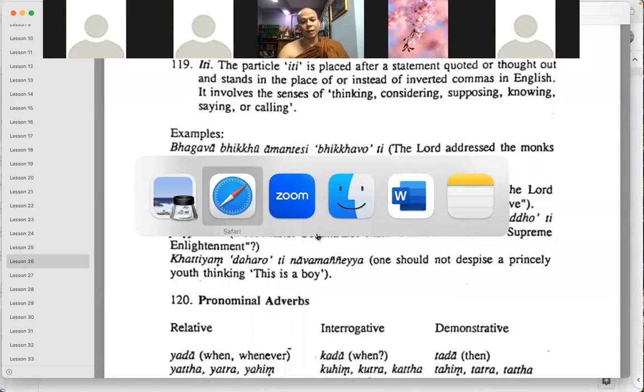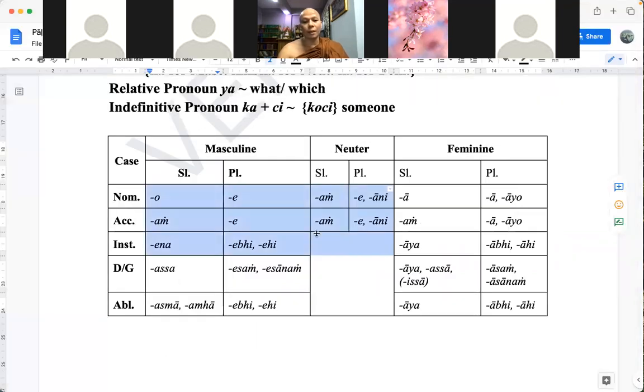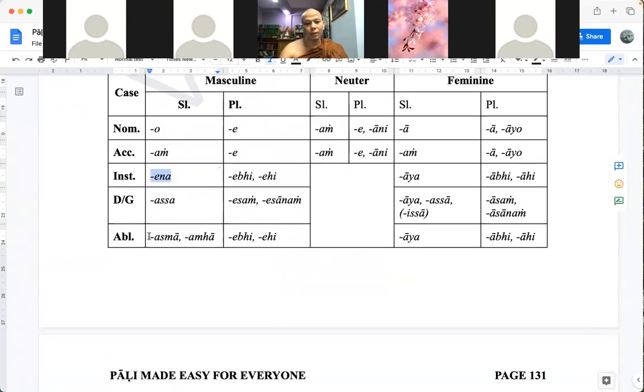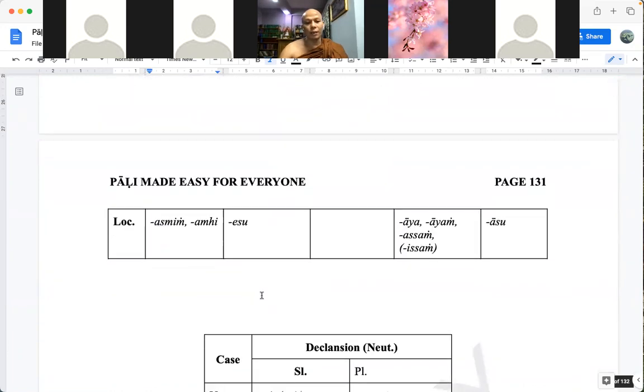For reason, commonly in Pali, we denote it by the instrumental case like kena, or the ablative case kasma, as well as the locative case kasmim. These three cases can be used for the reason. So with the interrogative pronoun, kasma, why, or kena, why, or kasmim, why, we can understand it in this way. Thank you, Bante, I understand.